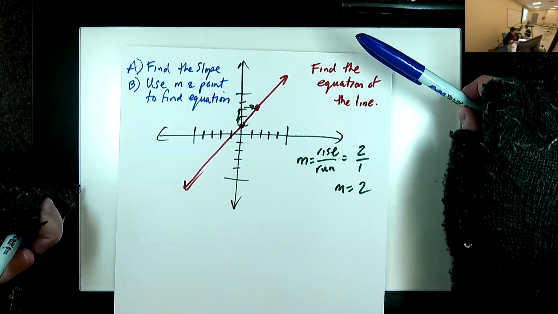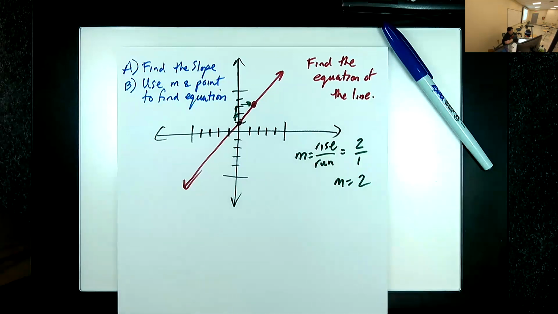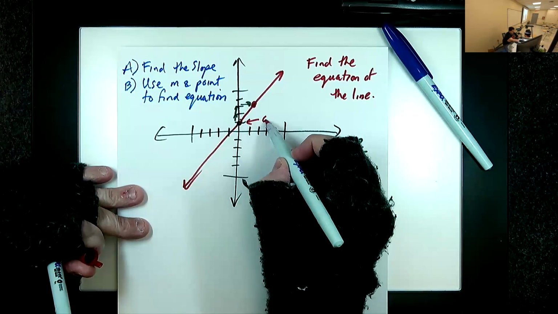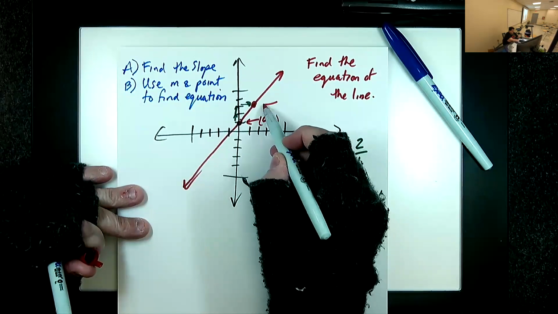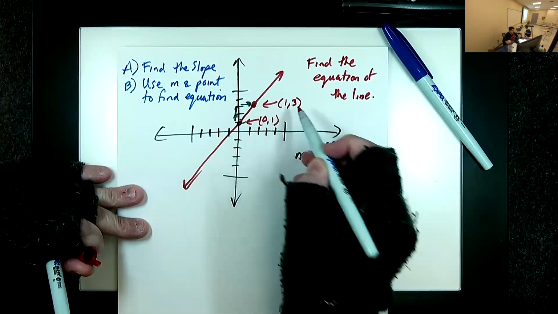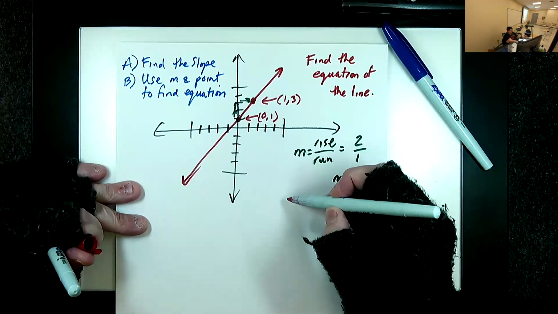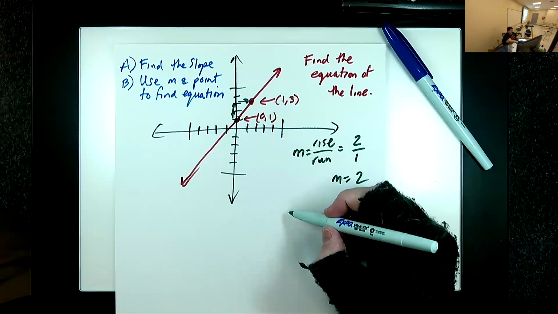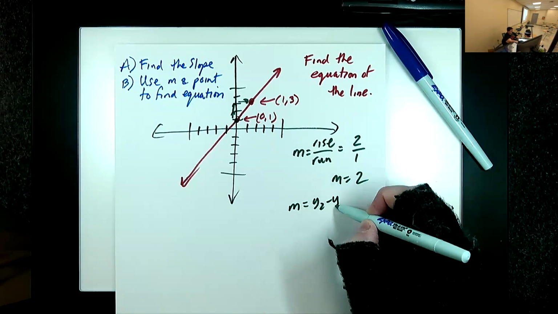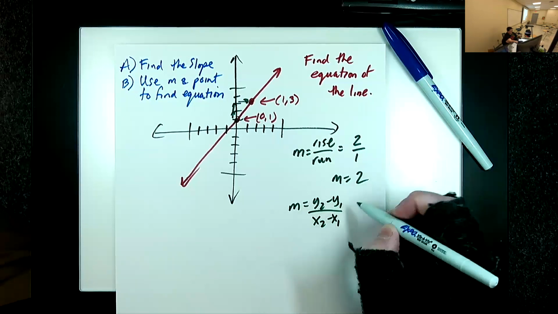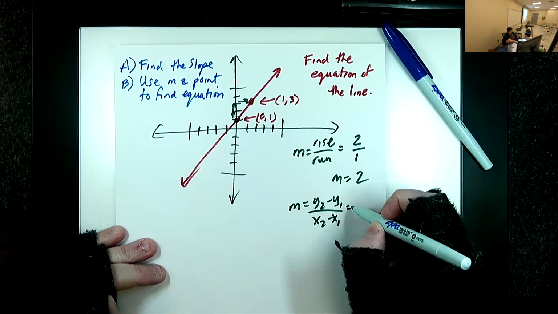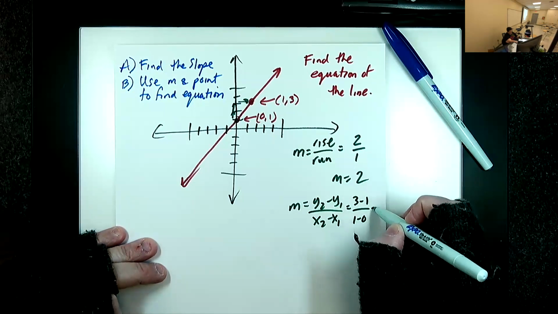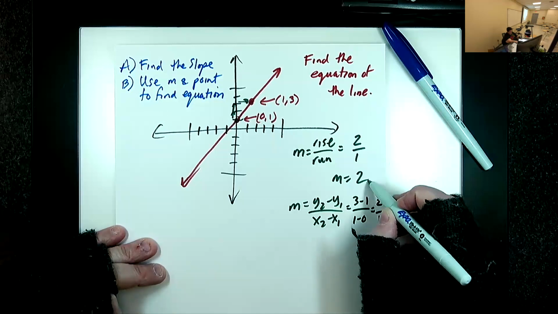You can always check your work by finding the ordered pairs. That one is 0, 1, and that one is 1, 3. If we do that, we can do y2 minus y1 over x2 minus x1. 3 minus 1 over 1 minus 0 is 2 over 1, which is 2.